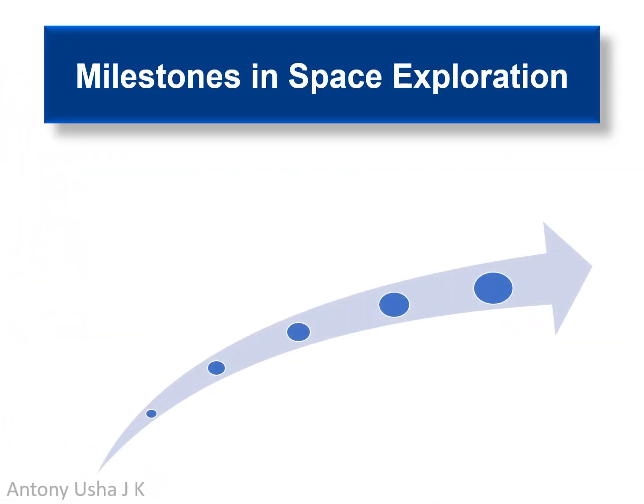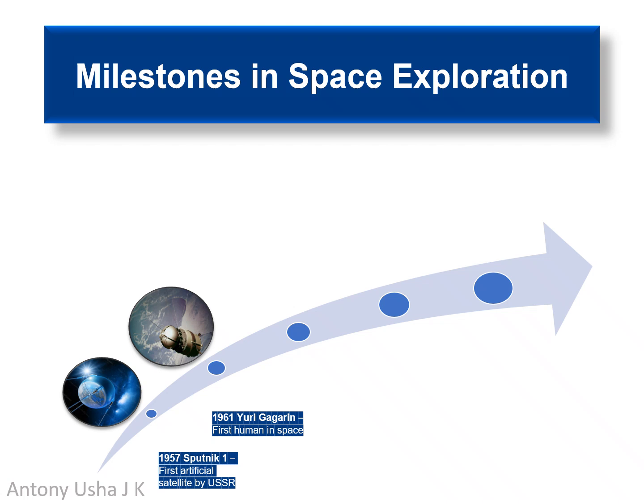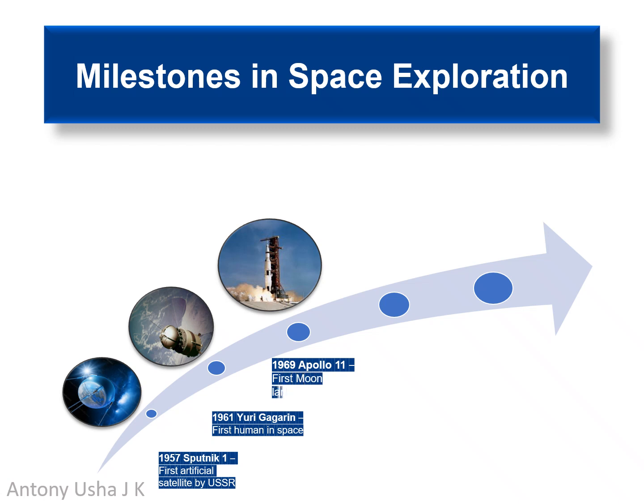Milestones in space exploration. Space exploration began a new era in 1957 when the USSR launched Sputnik 1, the world's first satellite. Just 4 years later, in 1961, Yuri Gagarin became the first human to journey into space. In 1969, the world watched in awe as Apollo 11 made the first successful moon landing.